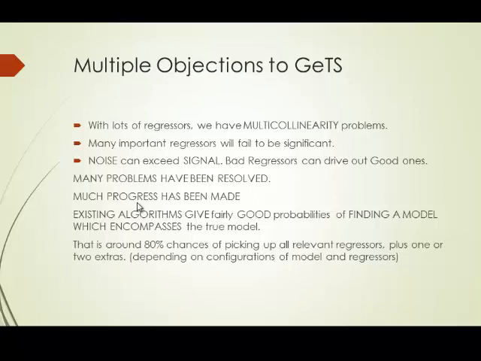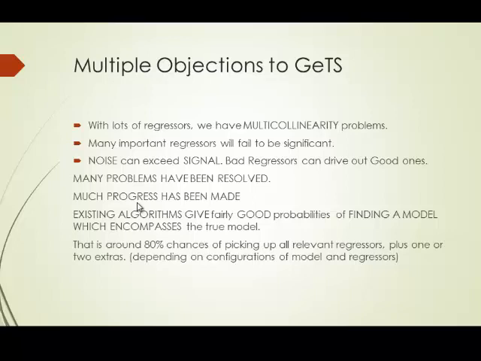So you have multicollinearity, important regressors will fail to be significant, a lot of noise is introduced, and noise can exceed the signal. So bad regressors can drive out the good ones. This is a problem with the GETS methodology, but these problems have now been resolved, and a lot of progress has been made in getting a sound methodology for general to simple modeling.